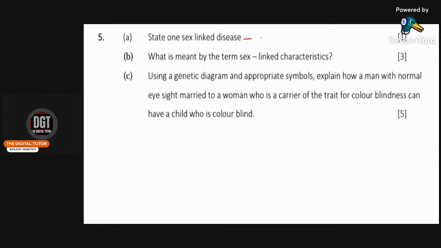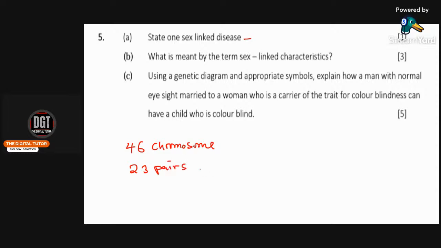At some point we are going to look at what sex-linked means. Maybe I can just explain it now so that it will be clear as we go on. Humans have 46 chromosomes, which make 23 pairs.